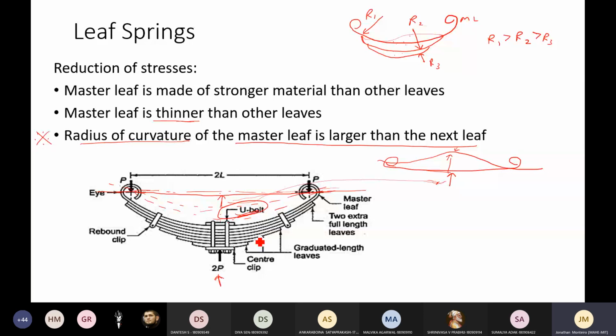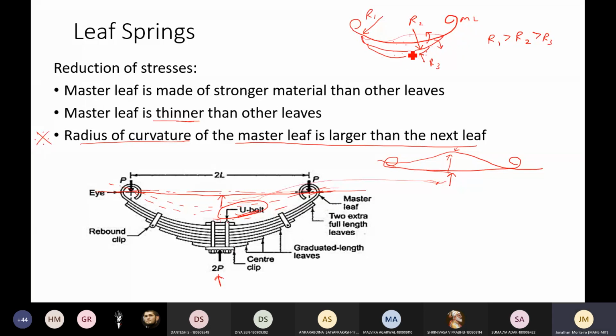But in the process, what would have happened? This would have got a different stress and this would have got a different stress. So this is forcing it to get a still smaller radius of curvature, and this leaf is forcing this to get a larger radius of curvature. The interaction between these two ensures that all the leaves are stressed properly, or equally stressed throughout.